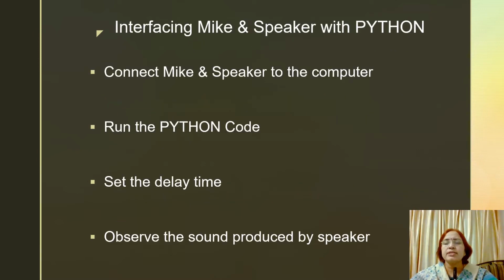Now come to a very simple experiment, that is interfacing mic and speaker with the Python code. The procedure is given here. Connect mic and speaker to the computer and then run the Python code. We are going to say some words, which will be recorded by the Python code.